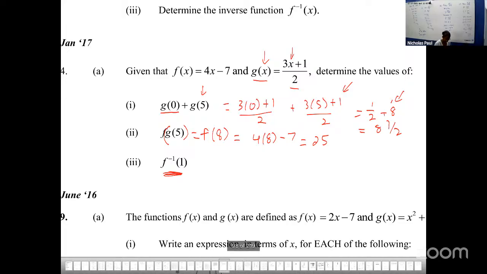I'll show you how to find it. Inverse means just go back.